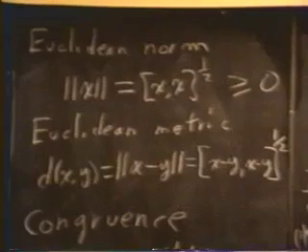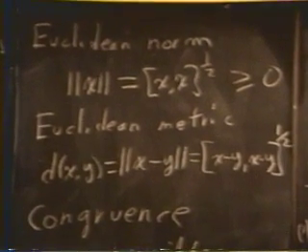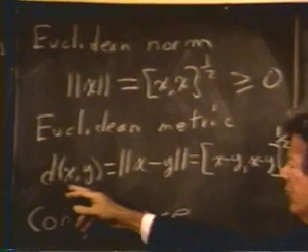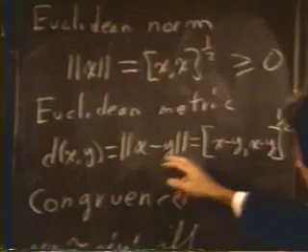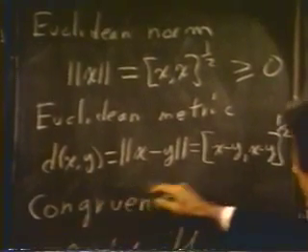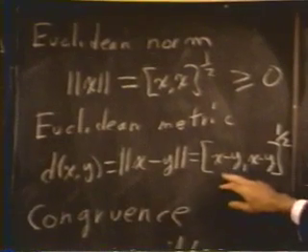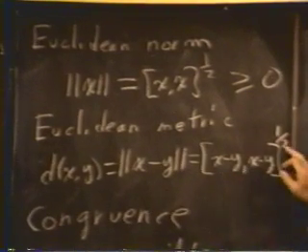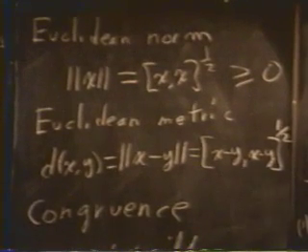We can then use the norm to introduce the standard Euclidean metric. The distance between x and y, as points in the Euclidean space, is equal to the norm of x minus y, which is equal to the square root of the scalar product of x minus y with itself.